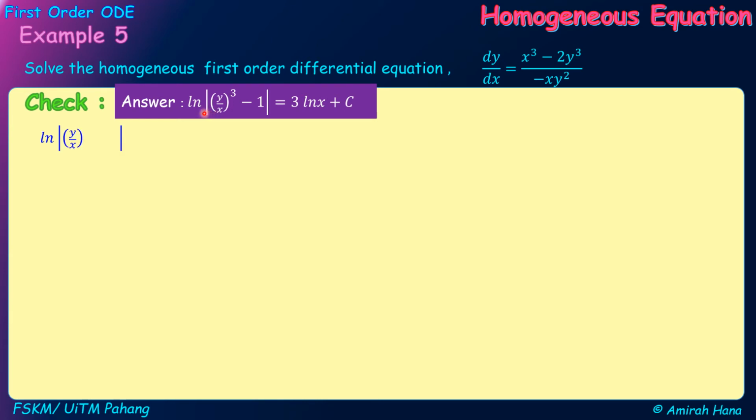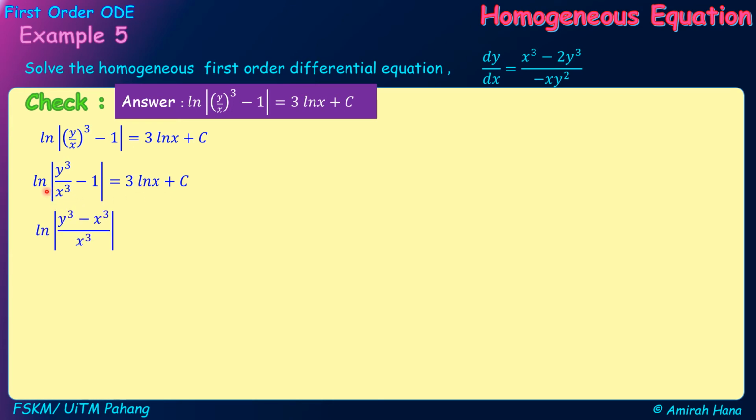From the final answer here, we can differentiate back. To differentiate back, we need to standardize the denominator here. So we get ln |(y cubed minus x cubed) over x cubed| equals 3 ln x plus c.